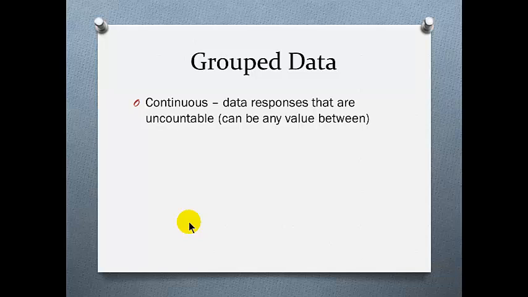That building could be 12 feet tall. It could be 13 feet tall. It could be 13.5 feet tall. It could be 13.21689 feet tall. It can be any data value in between. That is continuous data. You can't count all the possibilities because there's always something else in between those values.